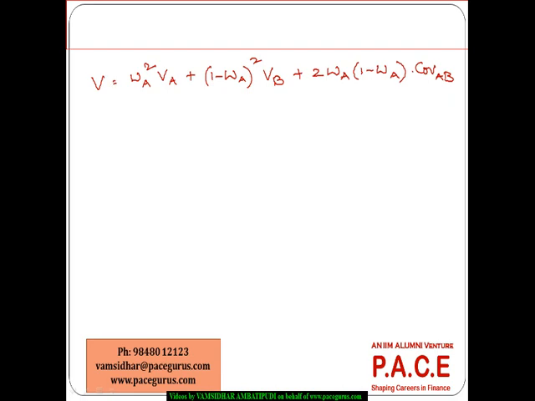I'll take the first derivative of it with respect to the weightage and make it equal to 0.